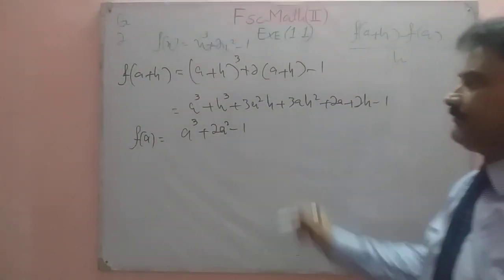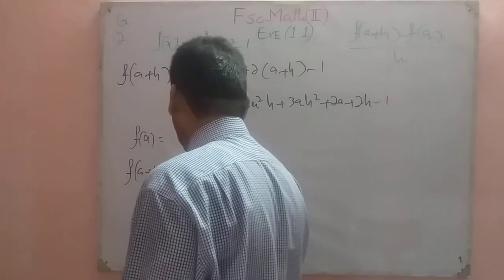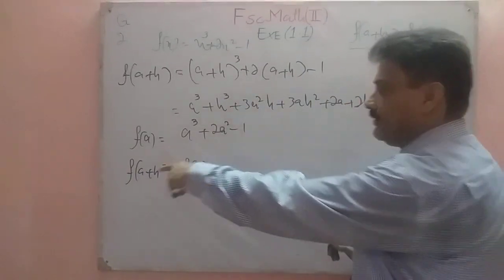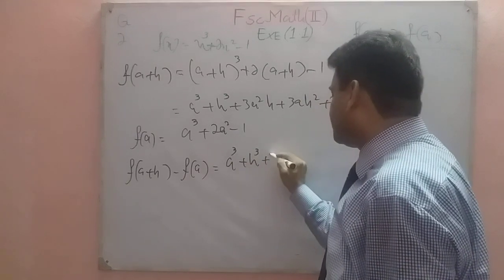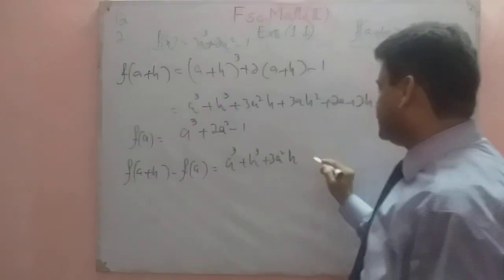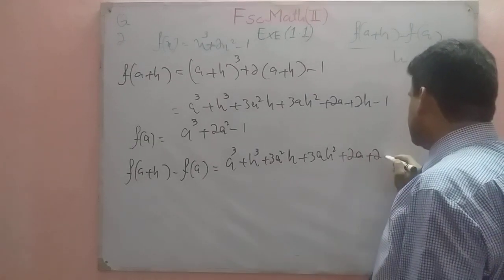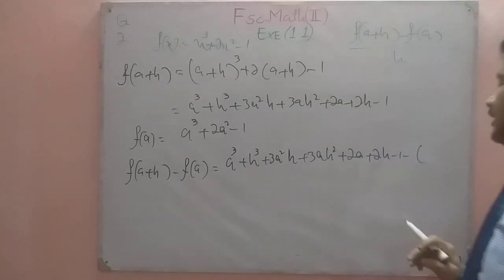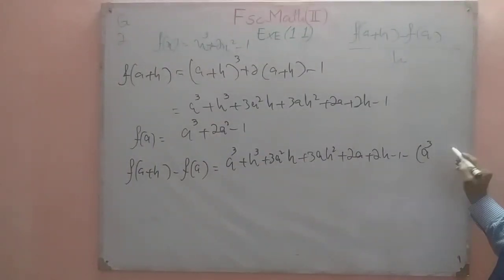We now write f(a+h) minus f(a). We write the value of f(a+h), which is a cube plus h cube plus 3a square h plus 3a square plus 2a plus 2h minus 1, minus the value of f(a), which is a cube plus 2a square minus 1.